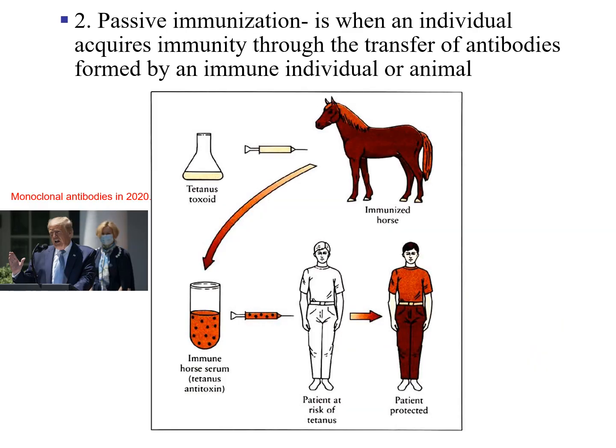Here's another way that you can be protected. It is called passive immunization. This is when an individual acquires immunity through the transfer of antibodies formed by the immune response of another individual or an animal. So let's talk about Bob. Bob is the white character in the picture.